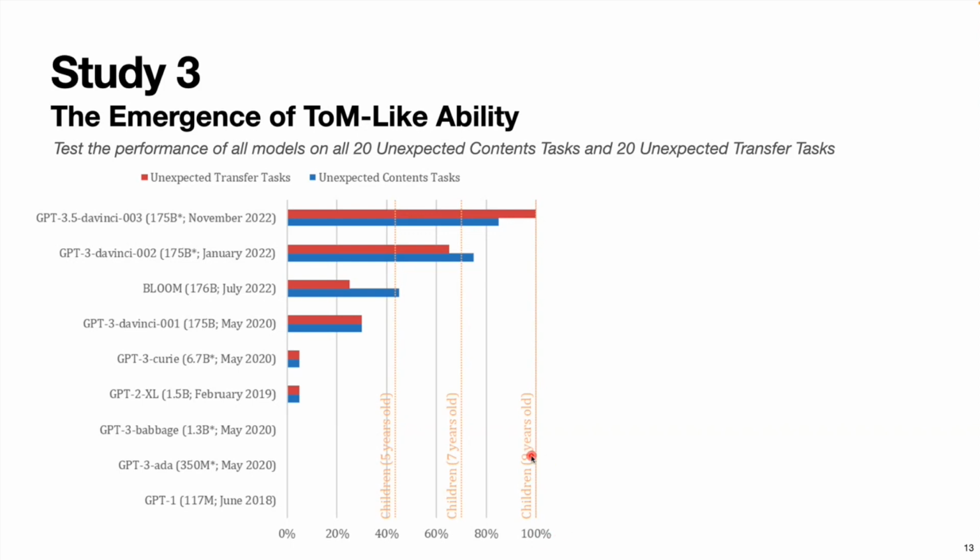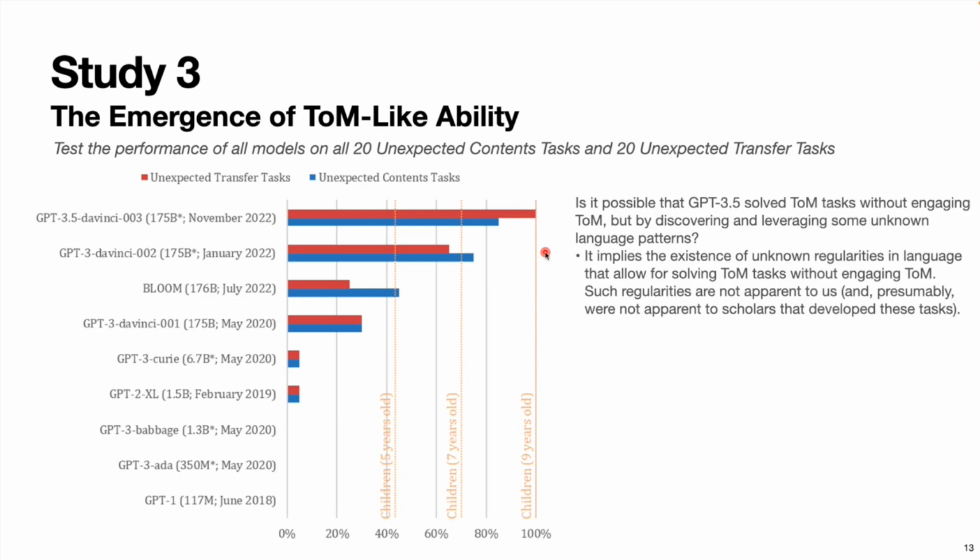So it takes 9 years for humans to develop this theory of mind capability fully, I mean, in terms of passing these tests with high confidence. And ChatGPT version 3.5 Da Vinci, at least in the unexpected transfer tasks, reached the full capability of a human.